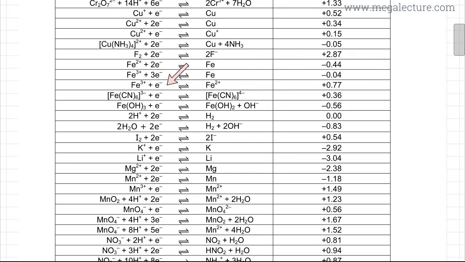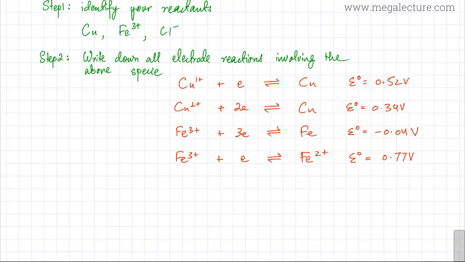The other one is Fe3+ plus electron in equilibrium with Fe2+, and the electrode potential is 0.77 volts. So I'm going to select these two electrodes because they fit our reactants. There is no other equation where Fe3+ is involved, so I'm going to pick these two electrodes that contain Fe3+.